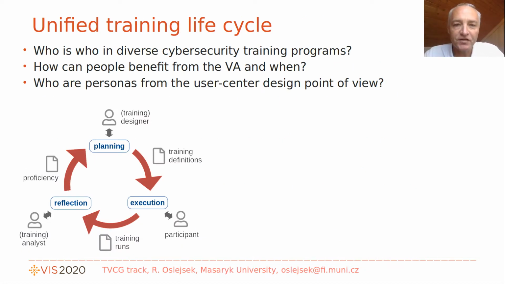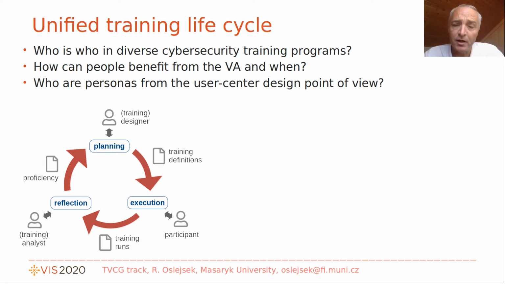Well, the first step was the unification of cybersecurity training programs. There are plenty of diverse approaches used worldwide to train practical cybersecurity. We noticed that every training, regardless of its type, consists of three basic phases.